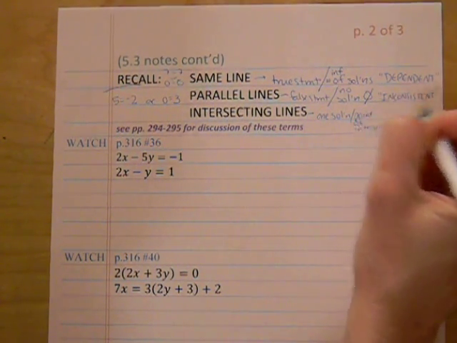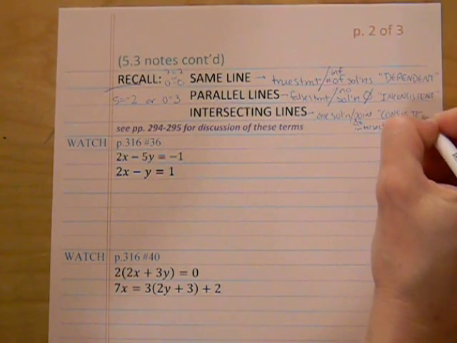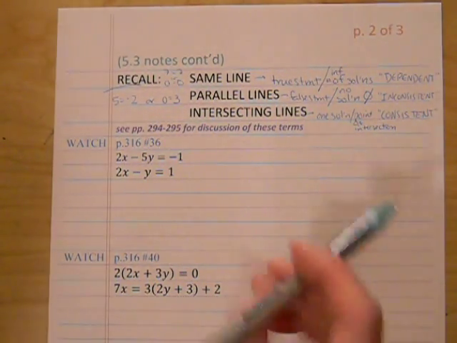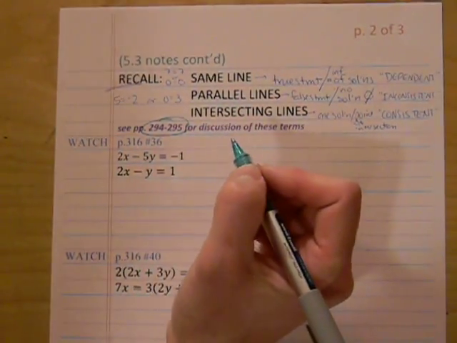It's the point of intersection of the two lines, and that is known as a consistent system. Okay. And these terms are discussed on pages 294 and 295 in the book.